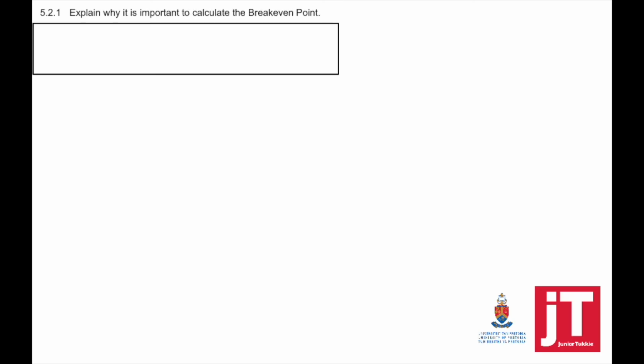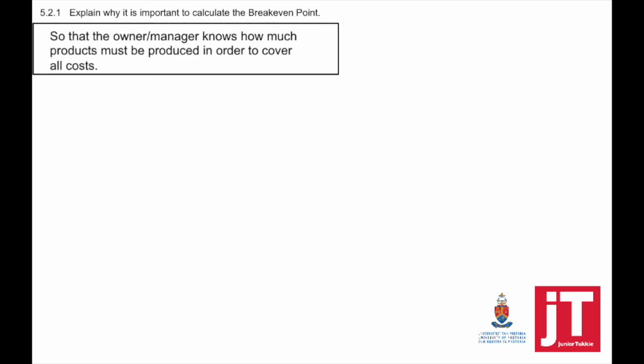So if we now look at question number 1, explain why it is important to calculate the break-even point, so that the owner or manager knows how much products must be produced in order to cover all costs. Break-even point means that we've just broken even. We're just covering our cost. Anything more means that we start making a profit. Anything less means that we're making a loss.